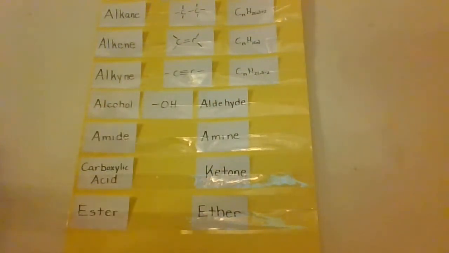Alcohol's functional group is an oxygen and a hydrogen, and they are going to appear side by side, just like that. And the ending for alcohol, to name alcohol, or the suffix is going to be OL.